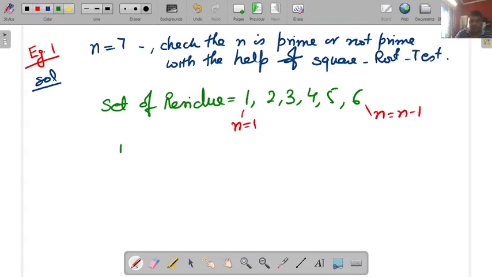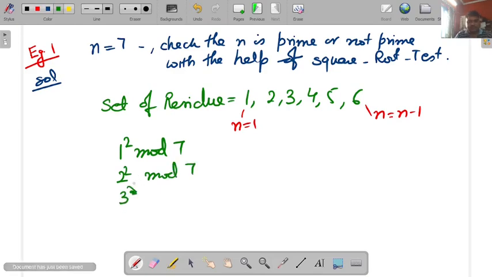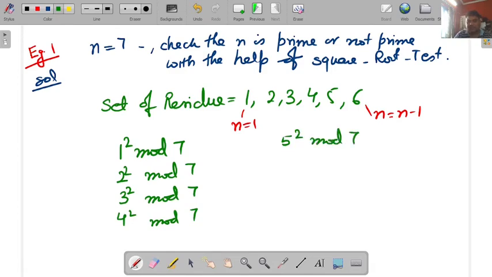Let's solve this: 1 square mod 7, 2 square mod 7, 3 square mod 7, 4 square mod 7, 5 square mod 7, 6 square mod 7. Let's find out the value of each.